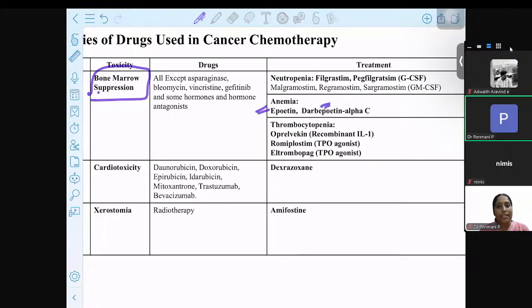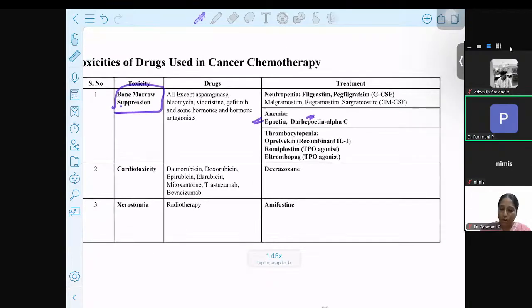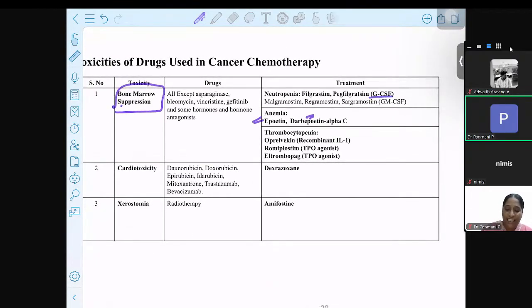If the WBCs are declined, you can go for two things: one is GCSF and the other is GMCSF. GCSF is granulocyte colony stimulating factor, which increases your neutrophils. Whereas GMCSF also increases your neutrophils.